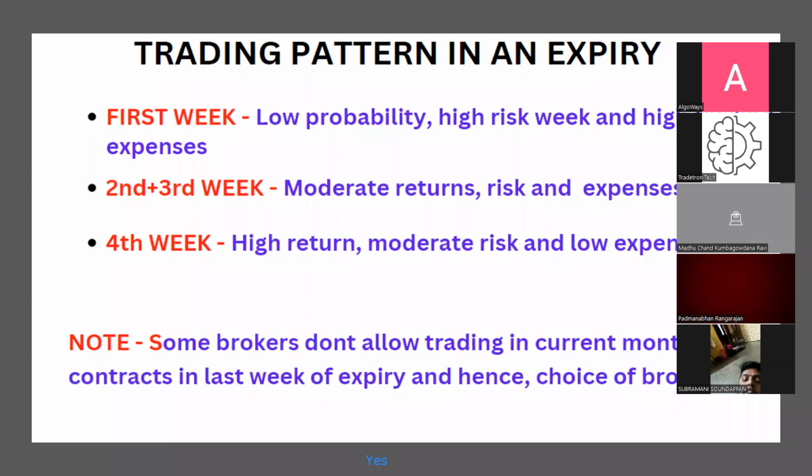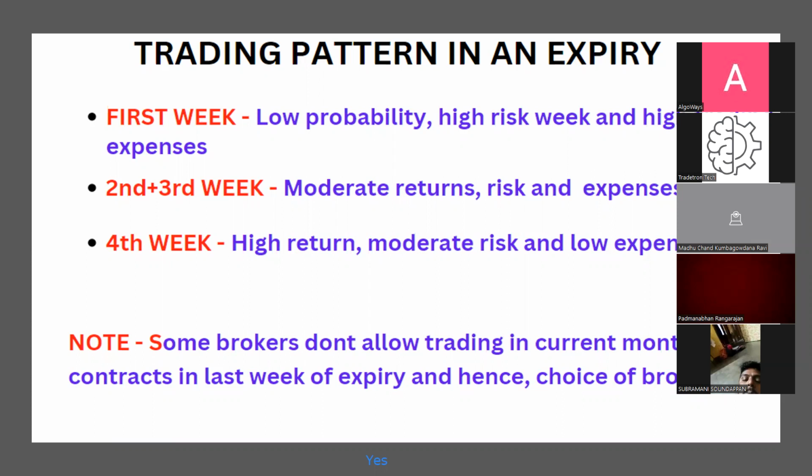Now, second and third week are the moderate weeks. The second week starts roughly from 25th, which will be starting from Monday actually. And this week is moderate. The risk is also moderate, and the expenses are slightly less than the first week. It may be around 200 to 250 rupees in the second week, and then 150 to 200 rupees in the third week.